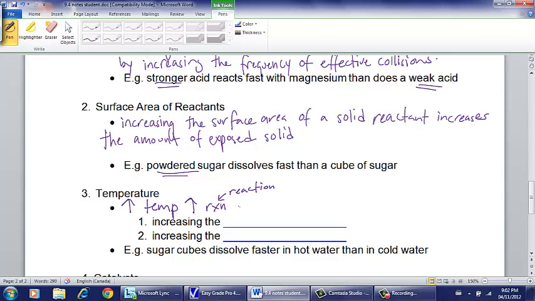First, by increasing the frequency of collisions. And second, by increasing the energy of all the collisions. Sugar cubes dissolve faster in hot water, for example, than they do in cold water.